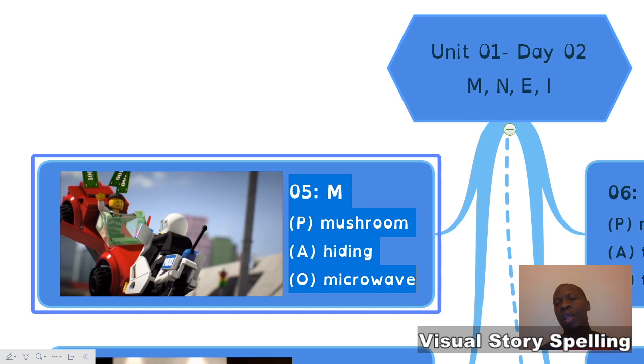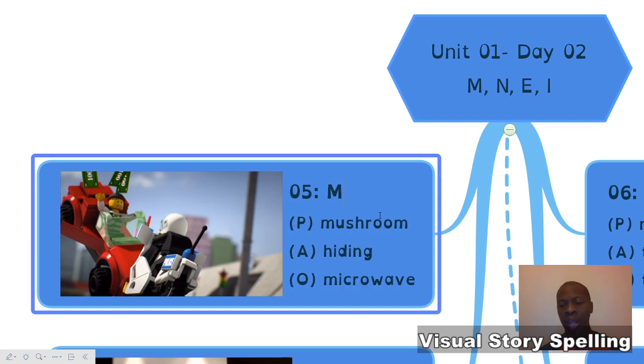So that's how we are using the person, action, and object linking method with the character set 5, which is M.